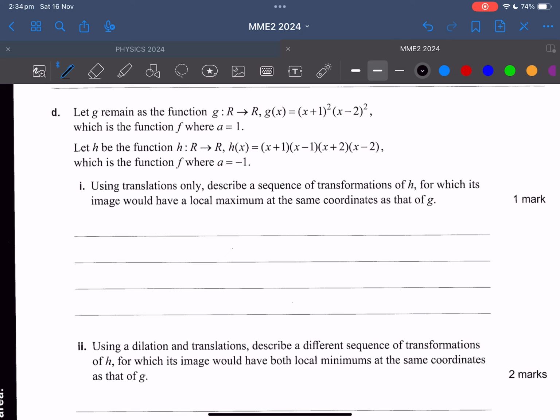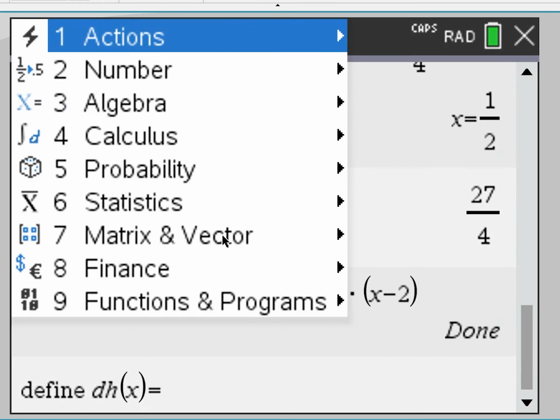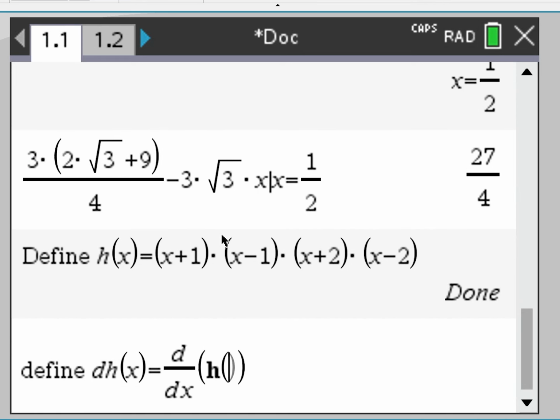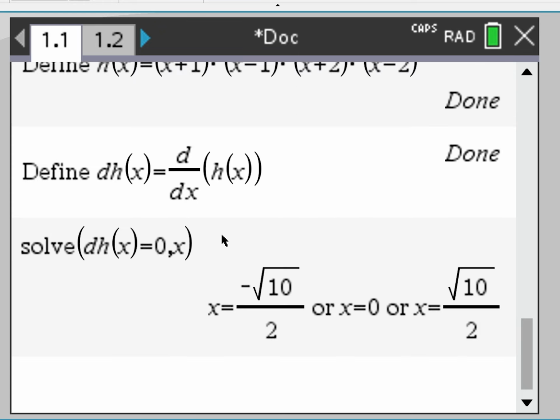Using translations only, describe a sequence of transformations of h for which its image would have a local maximum at the same coordinates as that of g. First we have to find the coordinates where h will have the local maximum. So let's differentiate h. Define h'(x) equals menu, 4, 1, x, h(x). Solve h'(x) equals 0.